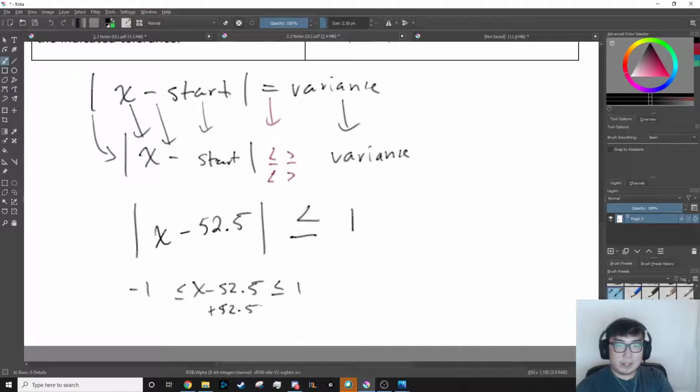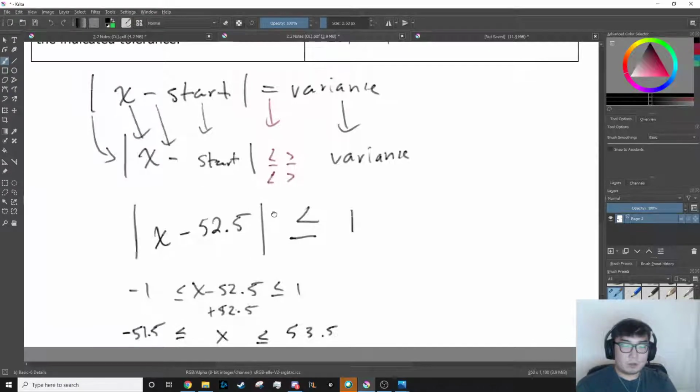So if I add these, x would be less than or equal to 53.5. This one's going to be absolute value of 51.5.